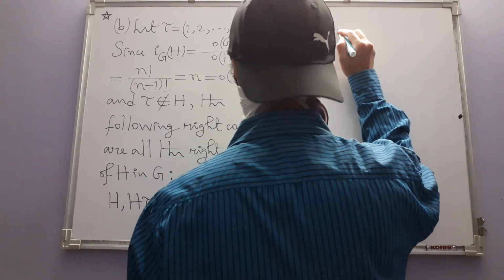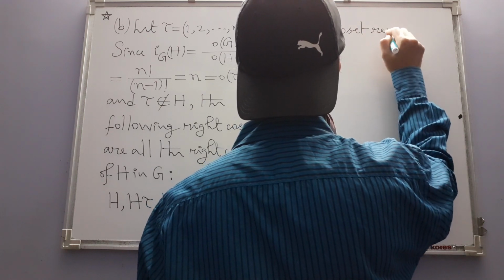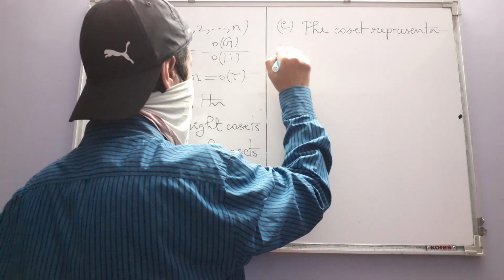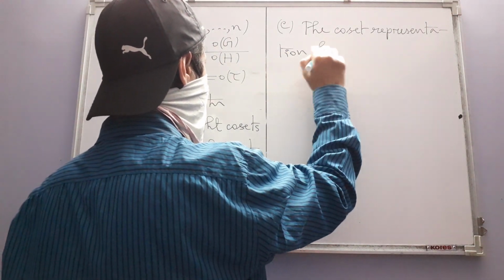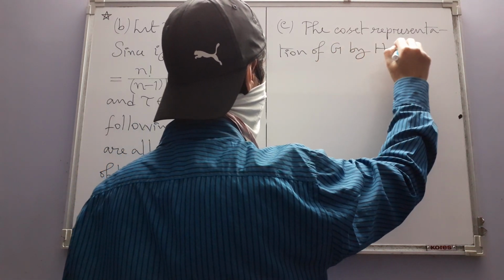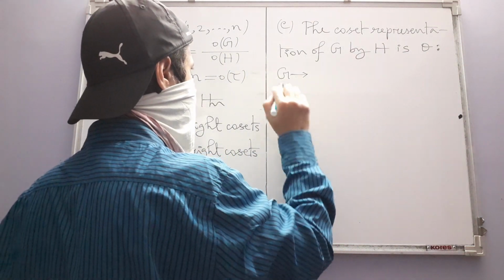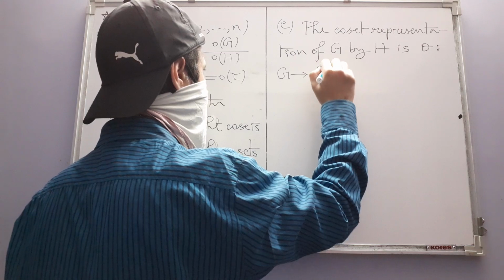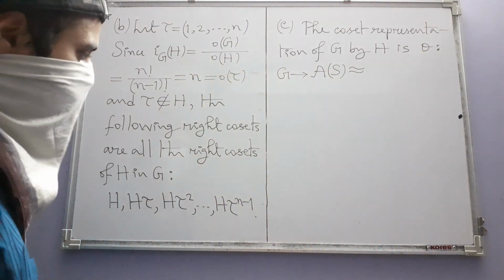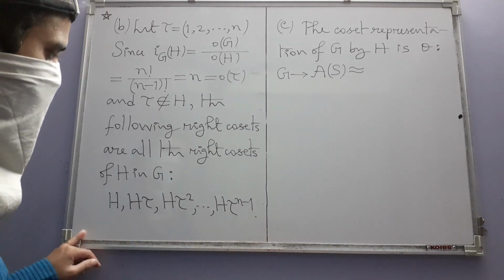The coset representation of G by H is theta, which maps G into A of S. But what is S? S is the set consisting of these right cosets.